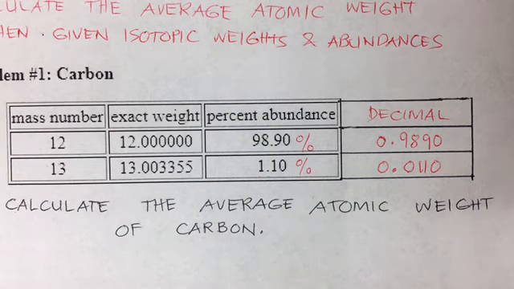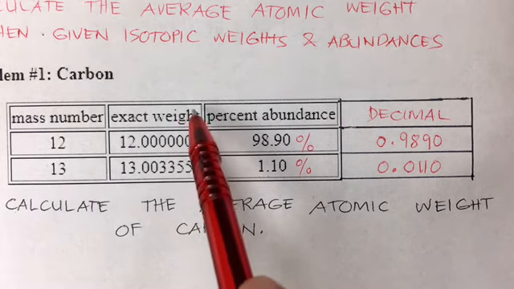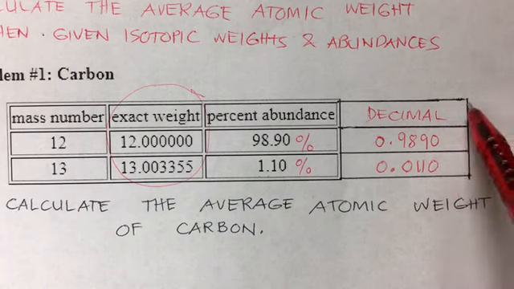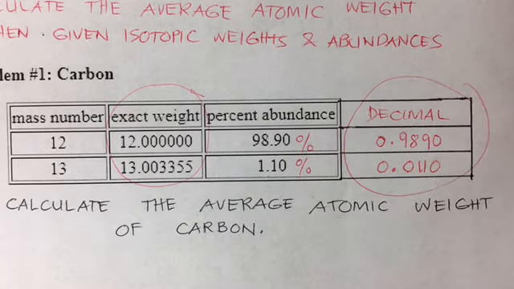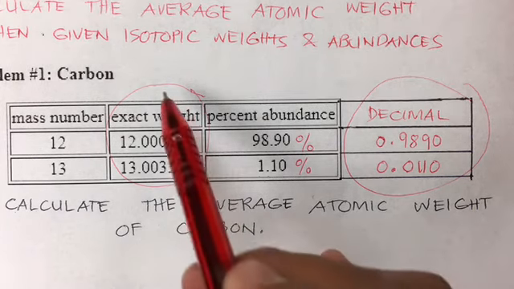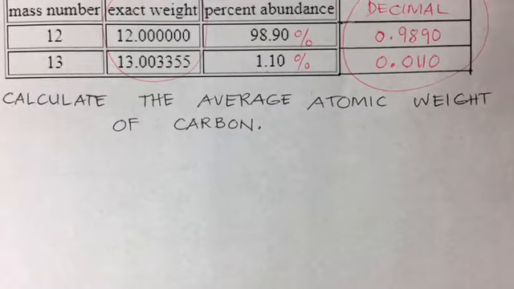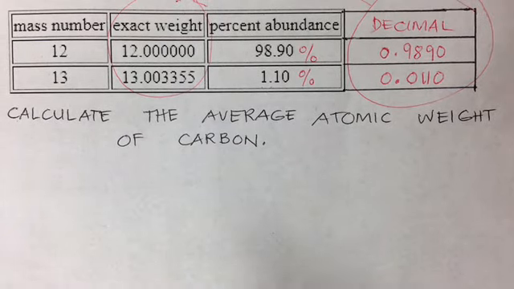So what do we need to calculate for the average atomic weight? We need two things. We need the exact weight of every isotope, and we need to multiply that to its percent abundance but already expressed in decimal. So we only need these two things here. Now I'm gonna put the detailed solution here below.